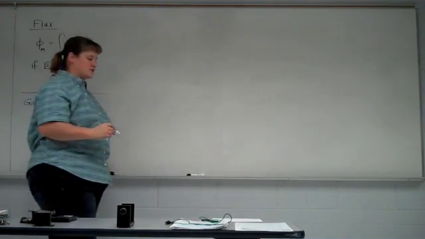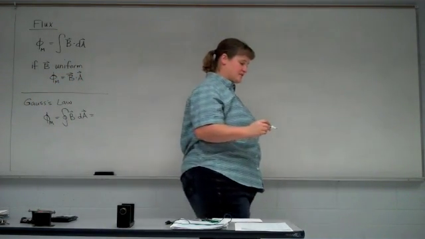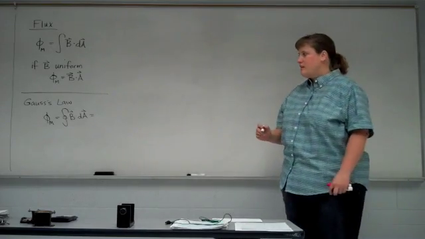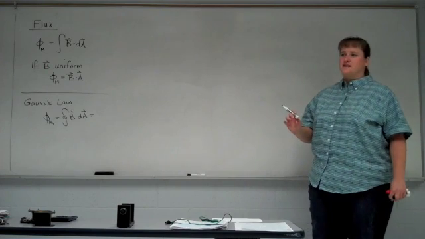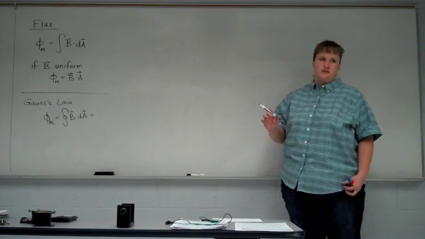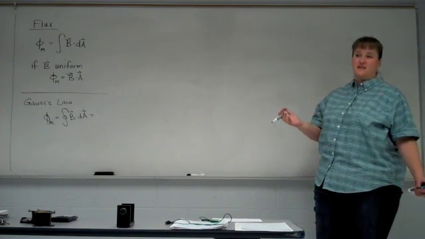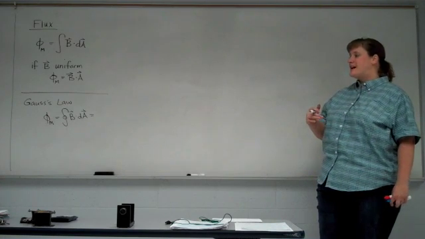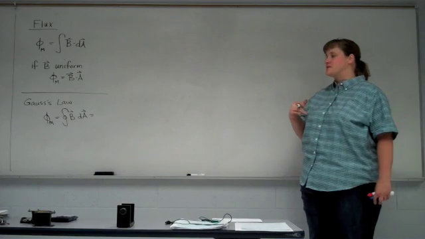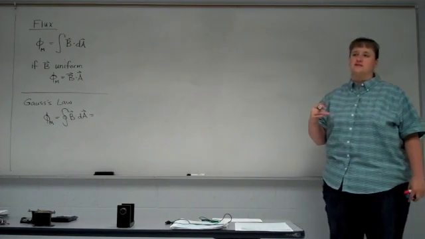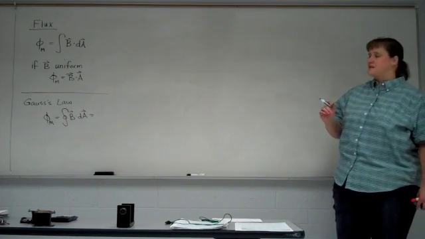But unlike electric flux, Gauss's law by itself for magnetism isn't particularly helpful in solving for a magnetic field, for example. When we looked at Gauss's law with electricity, we were able to use it in some situations to solve for the electric field. It won't work for magnetism.